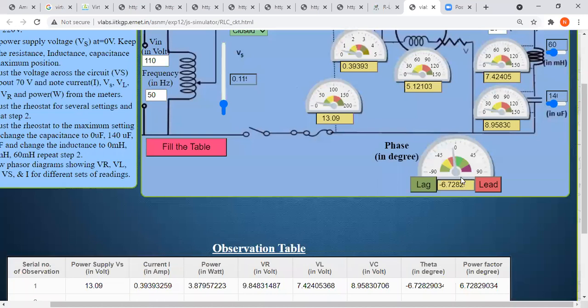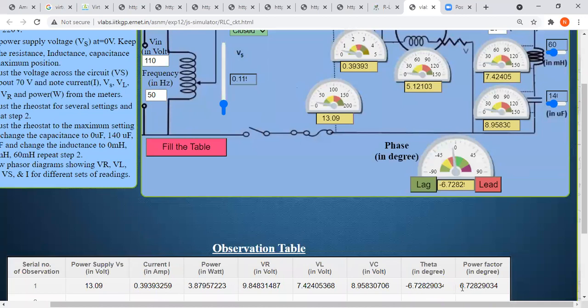And this is the phase angle, the net phase angle. You know the formula, right? The net phase angle for an RLC series circuit is calculated using tan inverse of XL minus XC by R. Here we have the scale for the phase, so it comes out to be minus 6.72. Then there is the power factor, but for the power factor reading also, you have to take the cosine of this value.